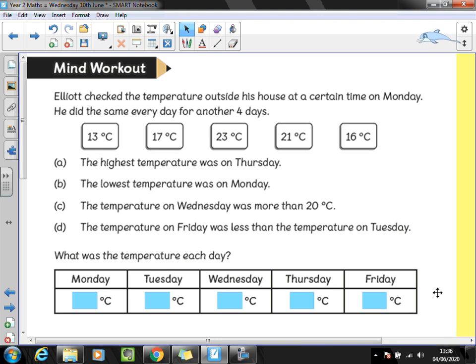Clue A. The highest temperature was on Thursday. Clue B. The lowest temperature was on Monday. Clue C. The temperature on Wednesday was more than 20 degrees Celsius. And clue D. The temperature on Friday was less than the temperature on Tuesday. Can you use those clues to work out what the temperature was on each day?